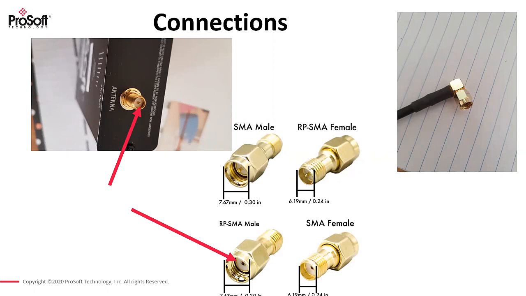So you just need to make sure that you've got the correct connections, or that you use the ProSoft cables. Top right there is one of our cables. It comes with a nice right angle for installation. These are factory terminated. The other advantage with using the ProSoft cables is we know how they operate. We know the quality and standard, so we can just eliminate if we have any errors.